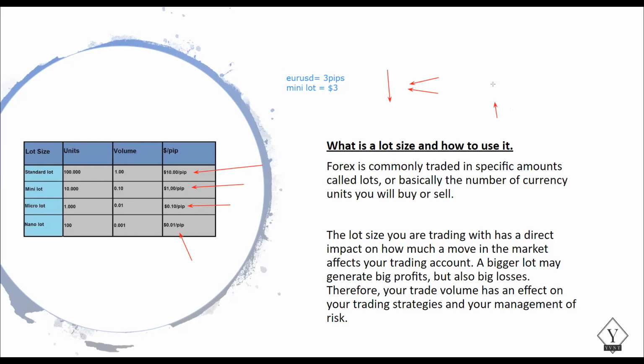But if you bought and the market went down 3 pips from where you bought, that means in your account you are negative $3, just by looking at the lot size you used and the amount of pips the currency pair moved, right? So let me just quickly recap this.